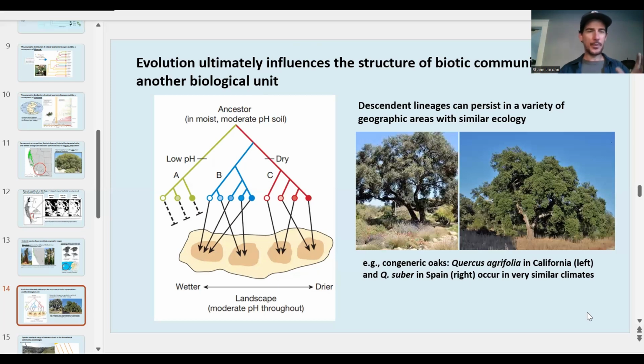And this is an example with just one lineage or one genus. But if you could imagine this happening with a whole bunch of different lineages that are each pre-adapted to dealing with these different environmental circumstances, we get to the situation where different kinds of ecosystems can form in very similar environments. And these kinds of ecosystems turn out to be very similar.